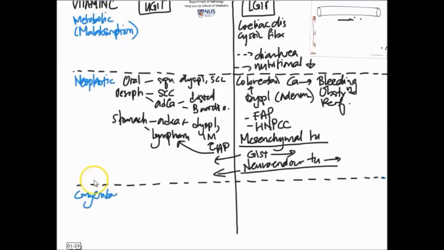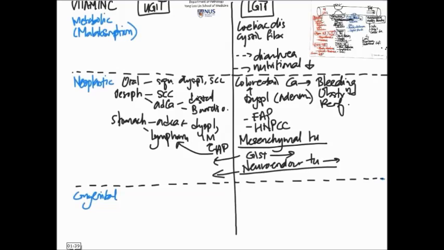Moving on, the C in vitamin C stands for congenital. And the first thing that we're going to talk about in the upper GI tract is congenital pyloric stenosis. This is a condition that usually affects firstborn male babies and can result in upper GI obstruction that can be quite severe, with a lot of vomiting, abdominal distension, and even a palpable abdominal mass.